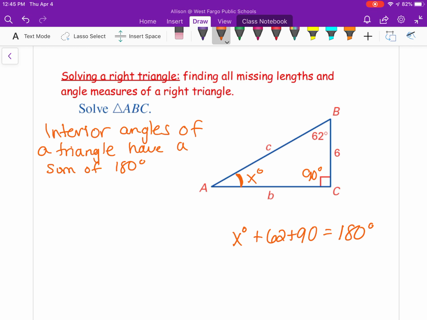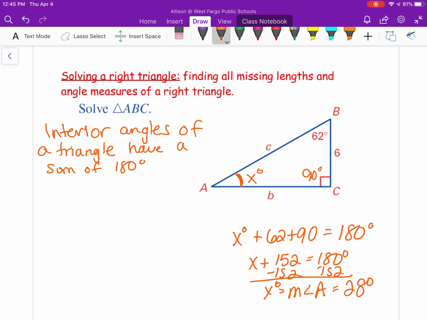So really, if you did 180 minus, this would be 152 together, you would find out that x, the measure of angle A, would equal 28 degrees.